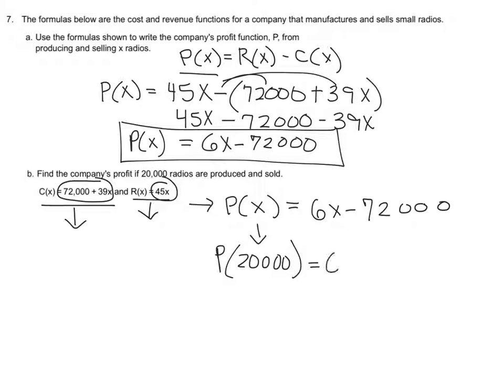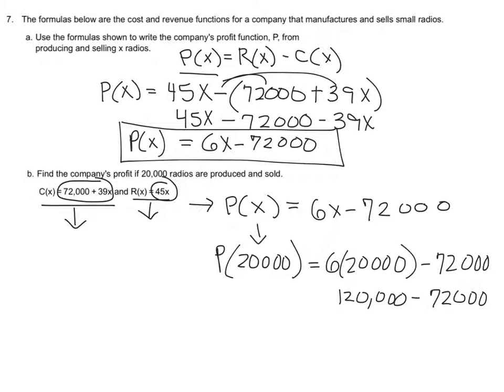So this becomes 6 times 20,000 minus 72,000. 6 times 20,000 is 120,000. And then 120,000 minus 72,000 is 48,000.